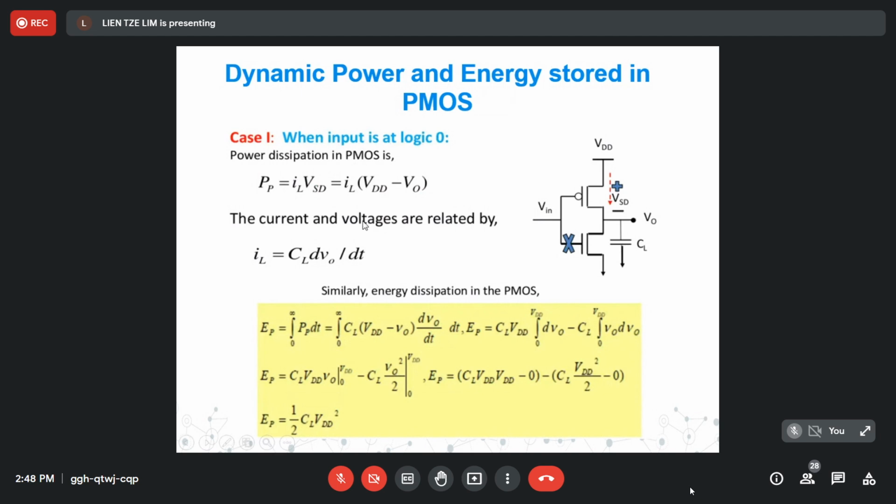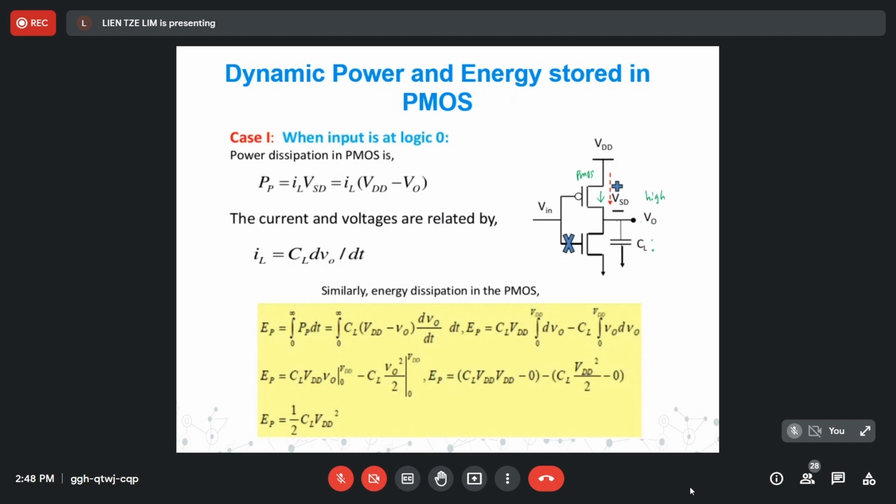The current and voltage are related by I equals C multiplied by dV over dt. Here CL is the output capacitance, and here is the potential difference. It means that when there is a current flow from the supply voltage to the output, when this is on, the output will be high.